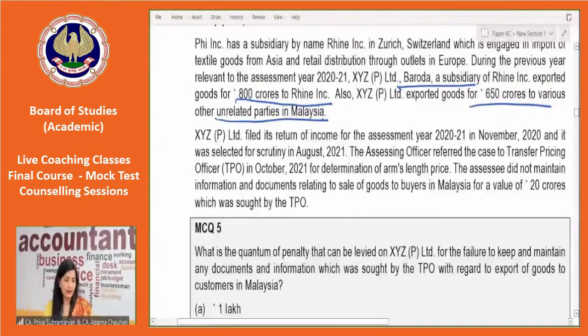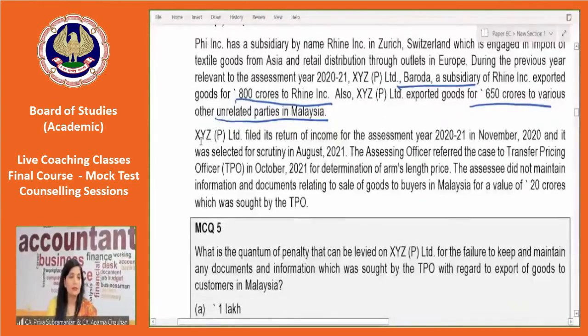For attracting the transfer pricing provisions, the entities should be associated entities, and the transaction is considered an international transaction only when it is entered between the associated enterprises or deemed associated enterprises. It had exported goods for 650 crores to various other unrelated parties as well in Malaysia.